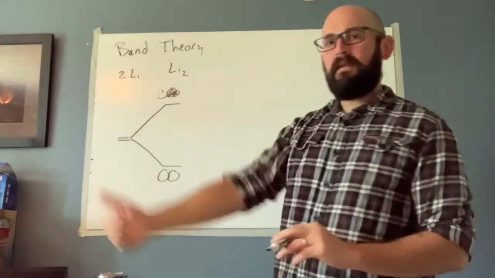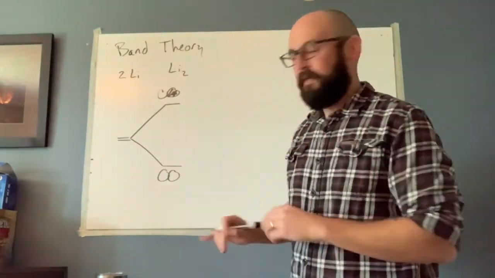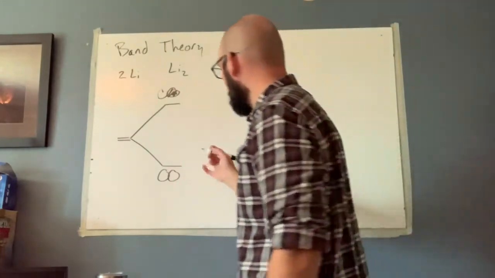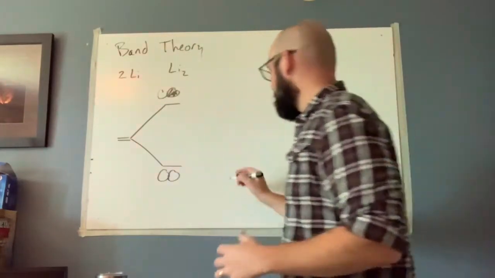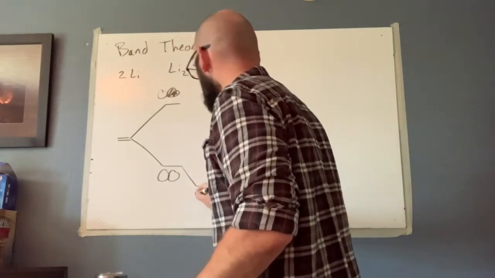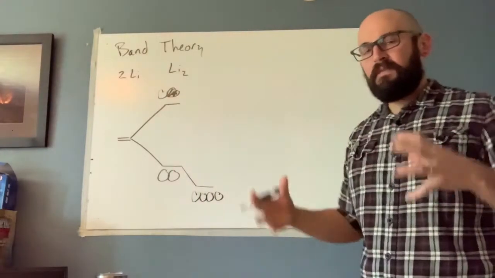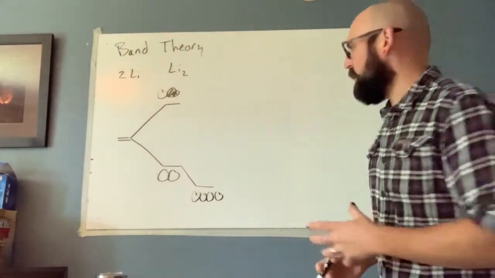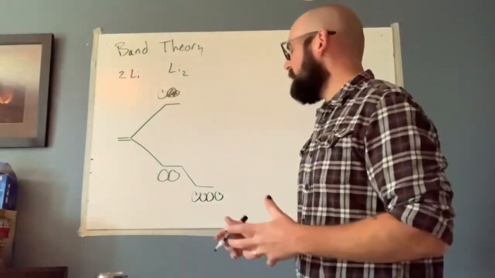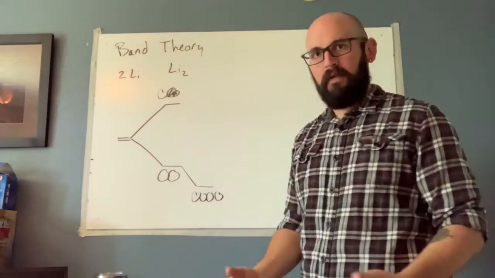When we bring a second Li2 into the system, it can also be in phase with the initial system that we have, which would be even more stabilized. So we can have a decrease in our energy in which we have our four lithiums that are all in phase with one another. Or alternatively, our second orbitals could be out of phase with one another.